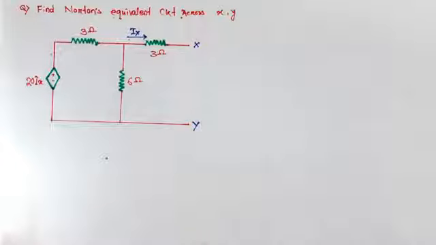Today we are going to solve another problem, that is to find the Norton equivalent circuit if only dependent sources are present. For finding the Norton equivalent circuit, we need two things.